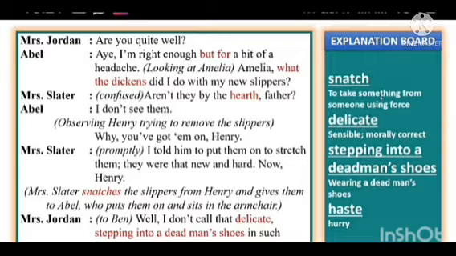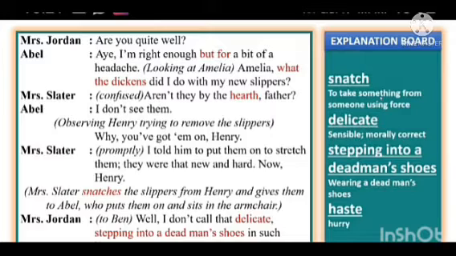And now we go for the explanation of this paragraph. Here Mrs. Jordan asked, are you quite well? Again she inquired, are you fine, father?